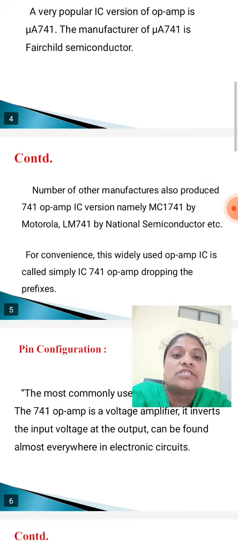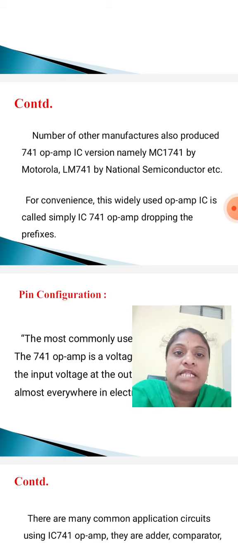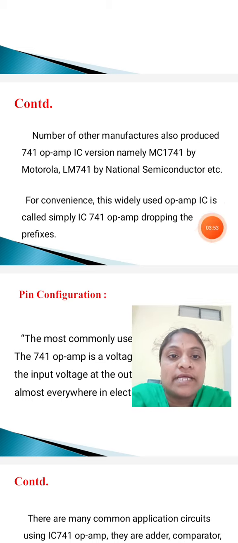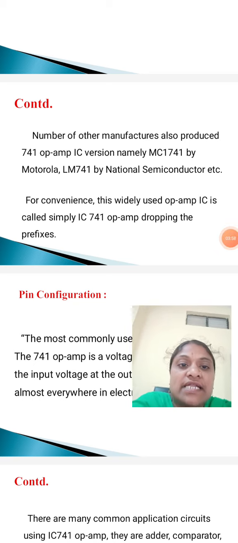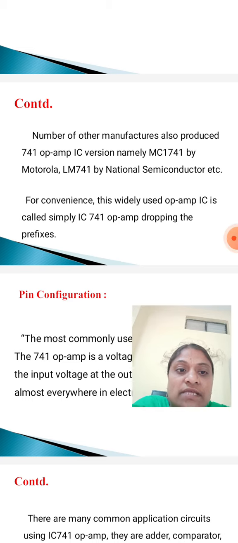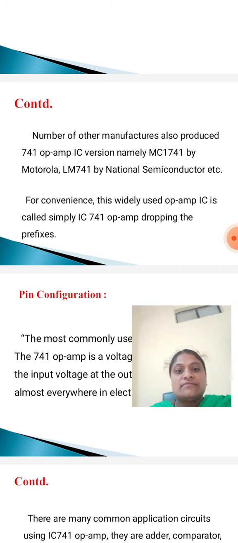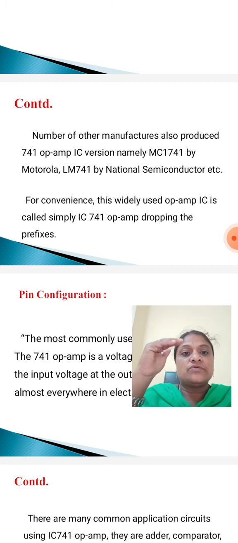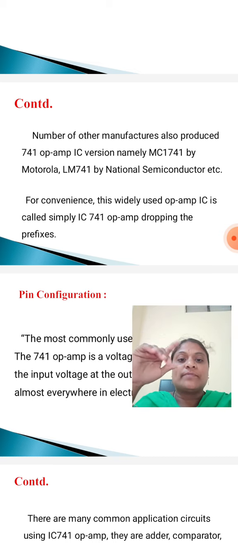Other manufacturers also produced IC 741 op-amp versions, namely MC1741 by Motorola, LM741 by National Semiconductor, etc. For convenience, this widely used op-amp IC is called simply IC 741 op-amp, dropping the prefixes.